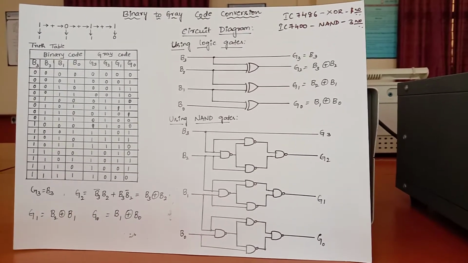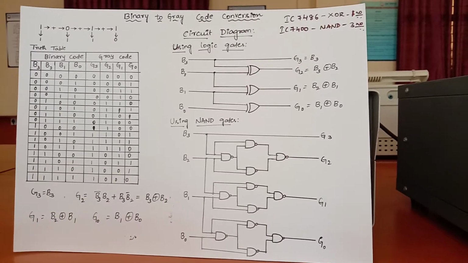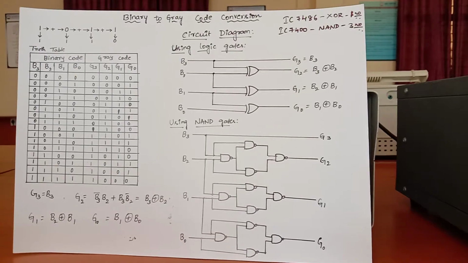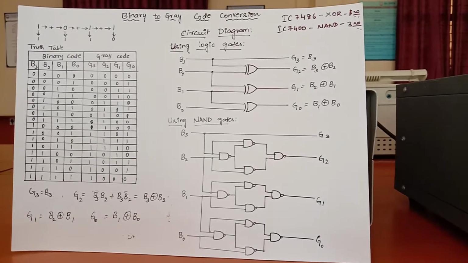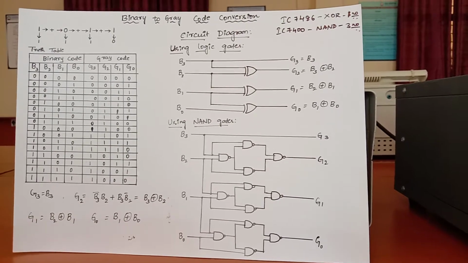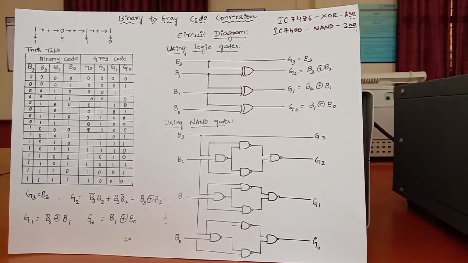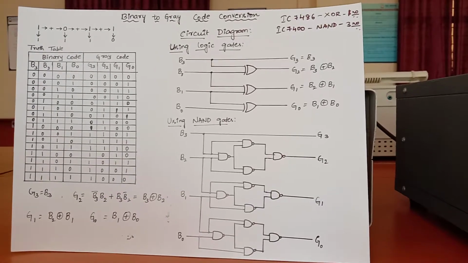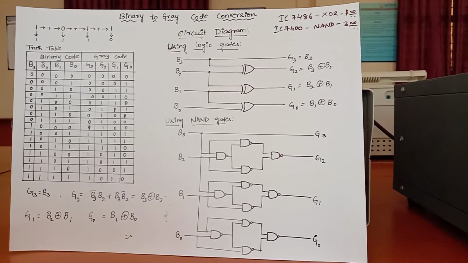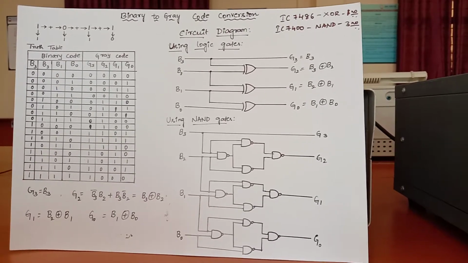It is also used in mathematical puzzles, in the minimization of Boolean circuits, in communication between two clock domains, in genetic algorithms, and in position encoders. These are some of the applications of gray code. Therefore it is used in computers and in communication.